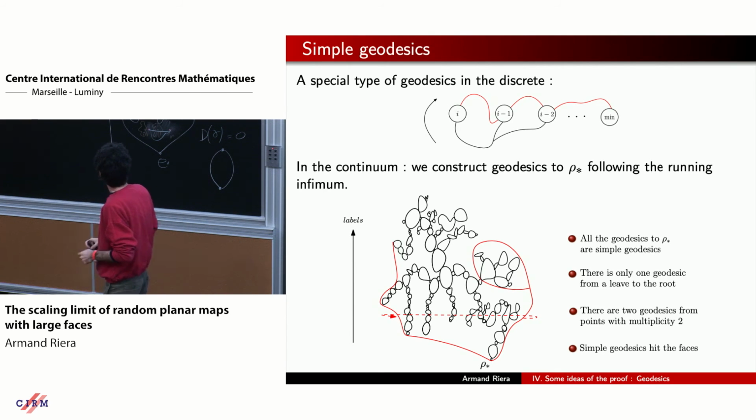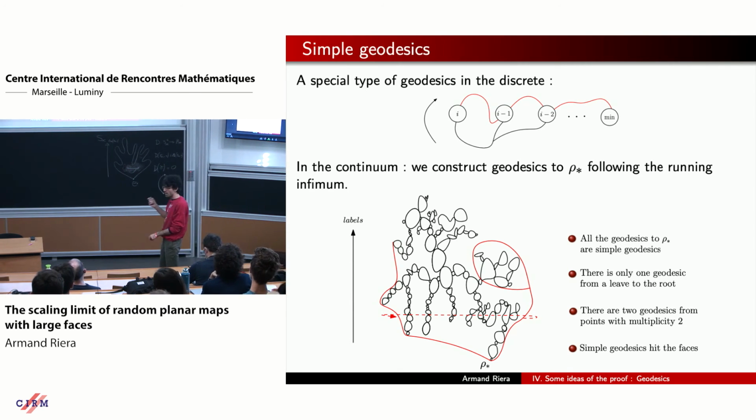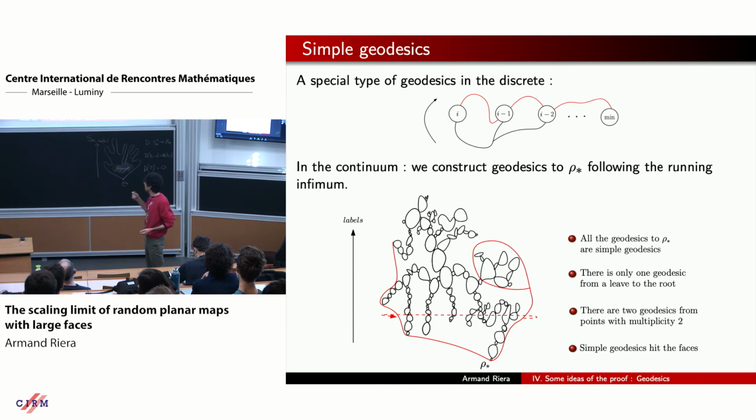Okay. And this is maybe the most important thing for us, is that the simple geodesics always, for every alpha, hit the faces. Hit the faces meaning that really there are bounces between the faces. And this is really very helpful when we study the metric.